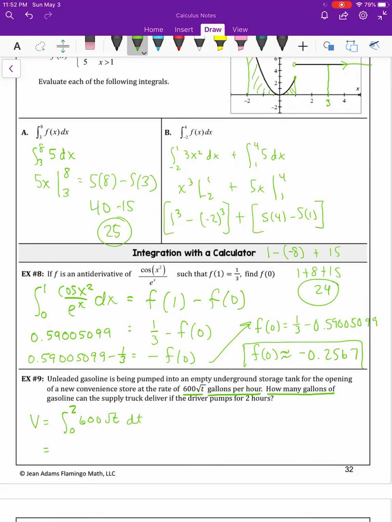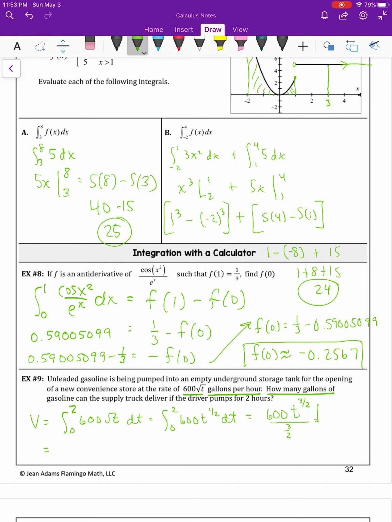So I called it V. I don't know if I called it V for volume, but it's just going to be in gallons. So I'm not sure why I called it V. So you don't have to call it V. You could call it G for gallons or G for gas. I don't care. I called it V on my paper for some reason. But think of this as the integral from 0 to 2 of 600 t to the 1/2 dt.